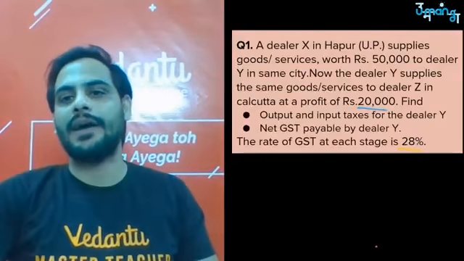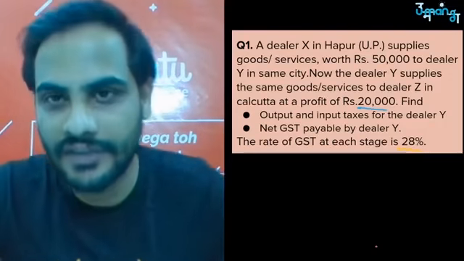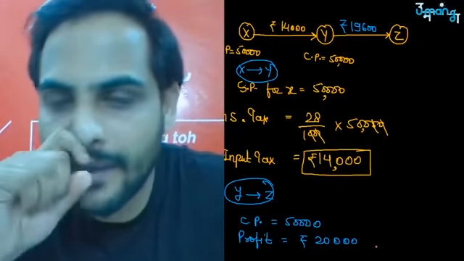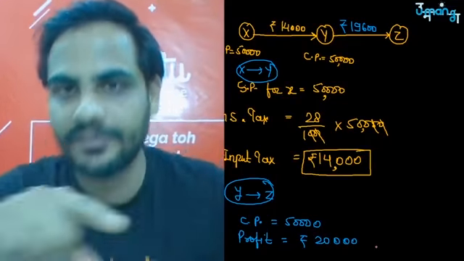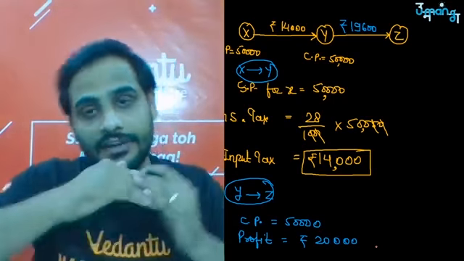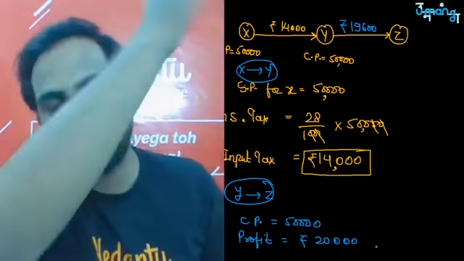as the net GST paid by the dealer Y. Now, if I ask you how much GST is paid by the dealer X, so dealer X has manufactured it and he got 14,000 as the tax, and this complete 14,000 X has given to the government.